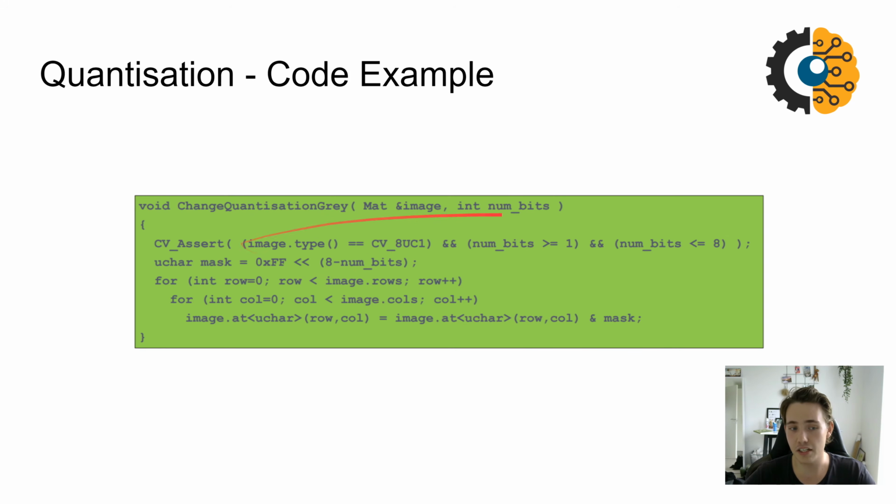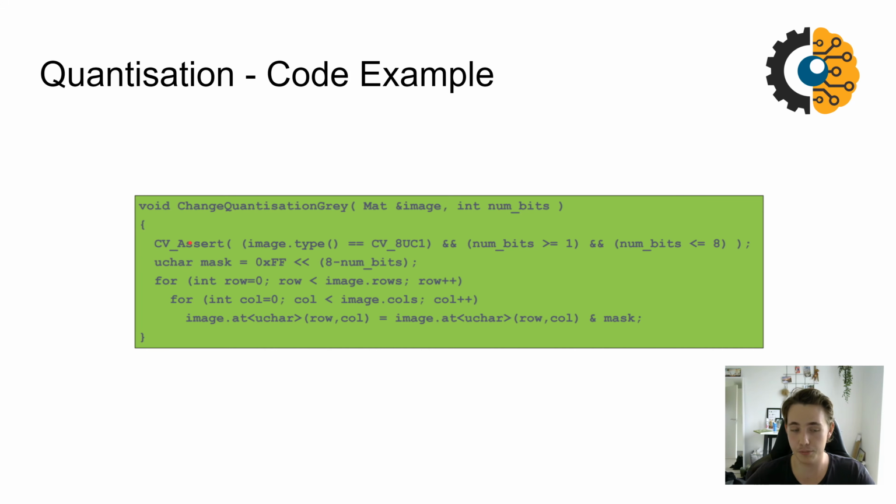If that's not true, it will throw an exception and terminate the program. And it's a really good line of code to have at the start of the function, because if you are, for example, doing some kind of operations on an image where you're using 10 bits but it was supposed to be 8 bits, then there will be errors in the code and it's hard to debug and find where the errors occurred.